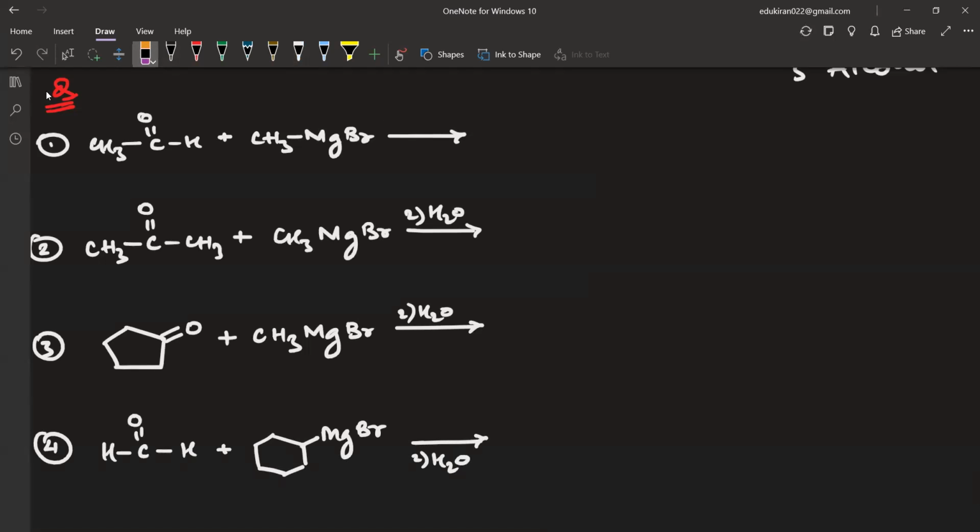Wait a second. Write it like this: first step, dry ether, second step, water as a solvent. Both of these are solvents. In the first step, dry ether will be the solvent. Second step, H2O. Same here and here also.